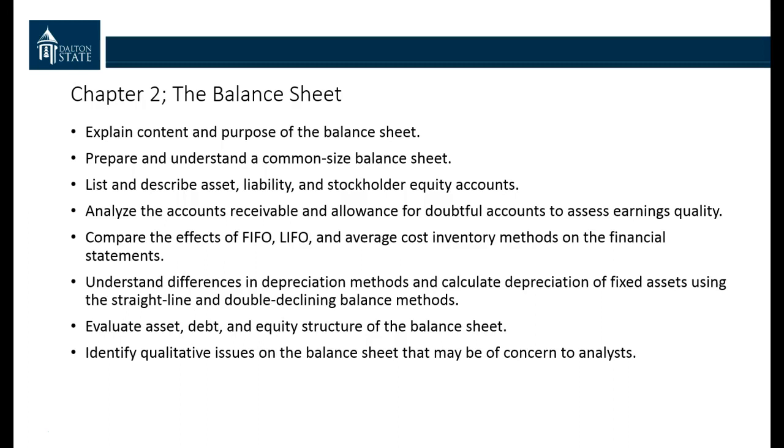So the costs can be associated independently of the physical units of inventory themselves. So LIFO says, hey, we're going to match the costs of the ones we're buying now against the revenues of the ones we're selling now. And that's legitimate, and that gets you a good matching.